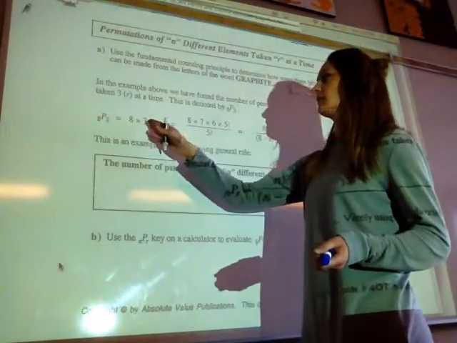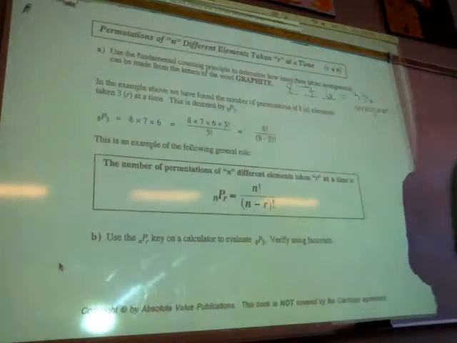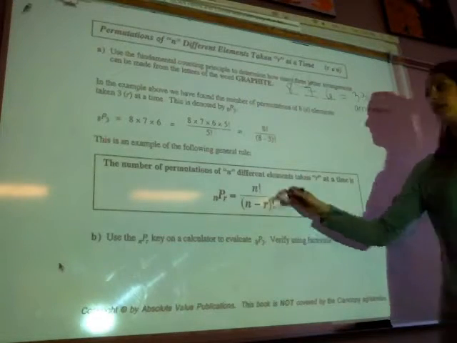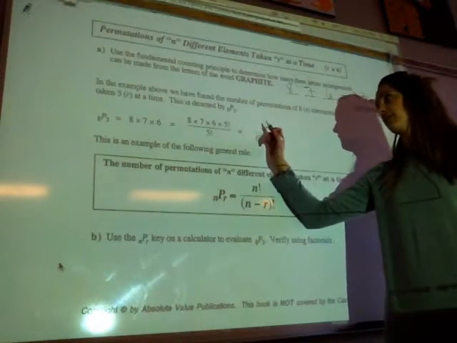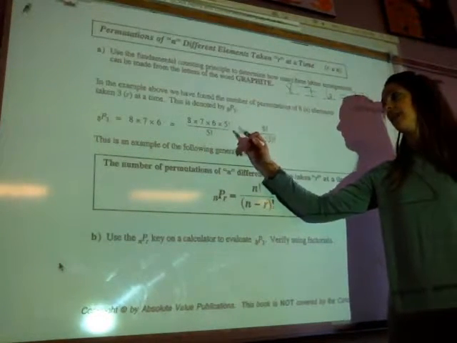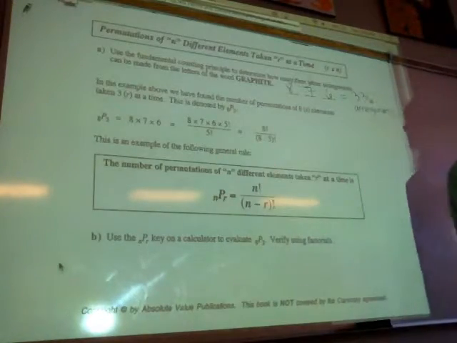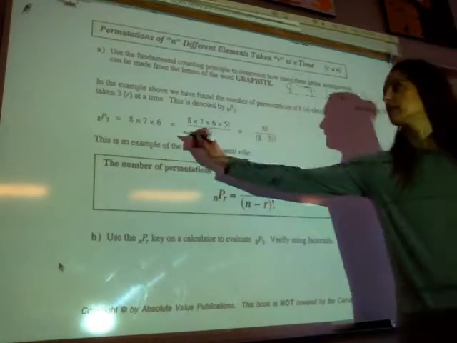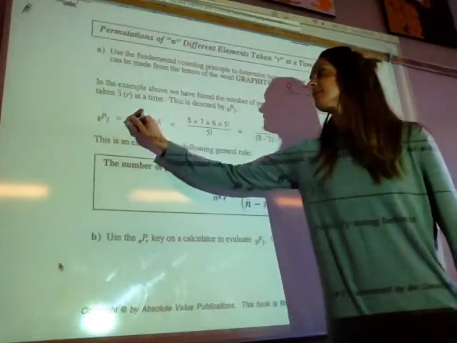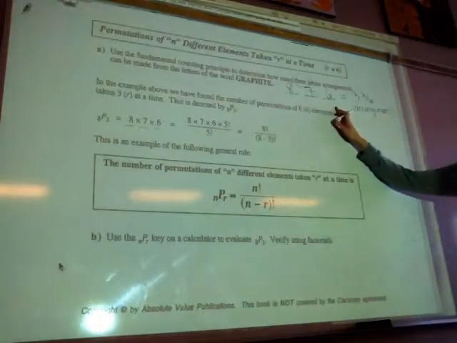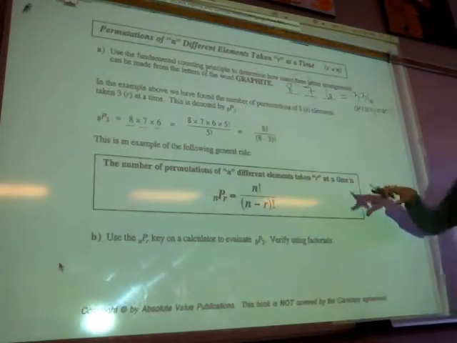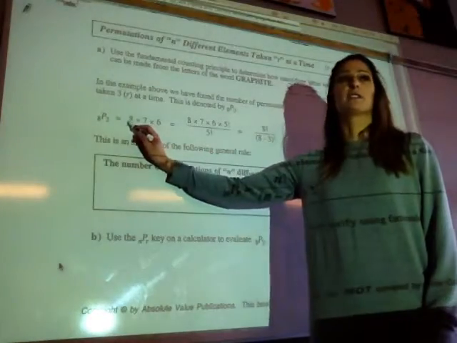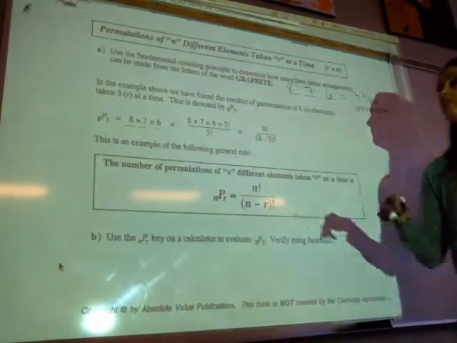8P3 is like 8 times 7 times 6. And that's basically like 8 factorial divided by 5 factorial. This 8 times 7 times 6 is what we did up here. That's how we got that. So there's 8 possible options, and we need to only use 3 of them.